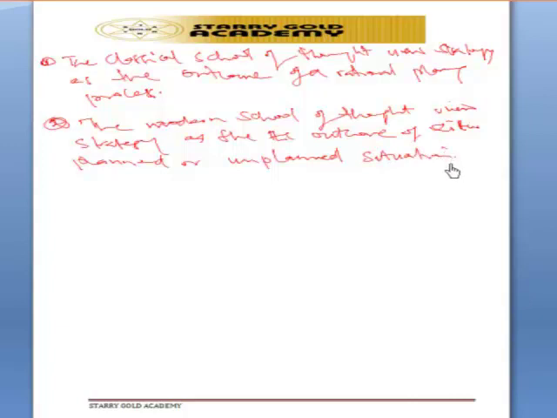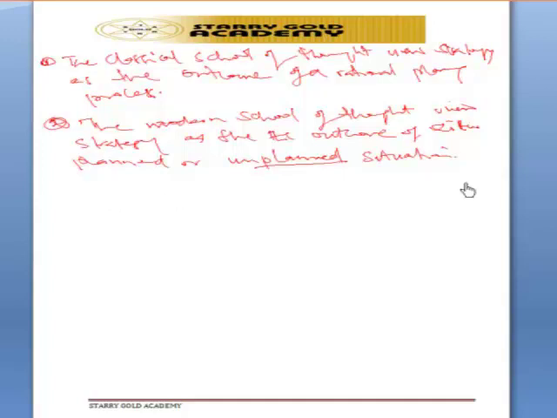So in their own view, strategy does not always come from a rational planning process. It can also be a result of an unplanned situation or process. So we have planned strategy and an unplanned or emergent strategy.